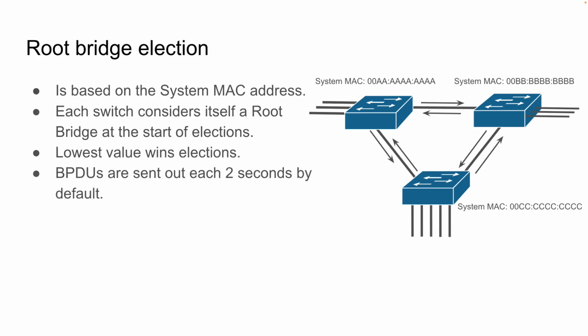Root bridge election is based on the so-called system MAC address. System MAC address is kind of a base MAC address that is associated with the device itself, with the switch itself. Different vendors choose system MAC address differently.